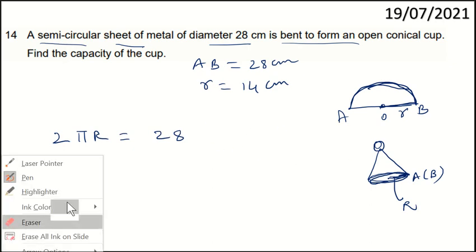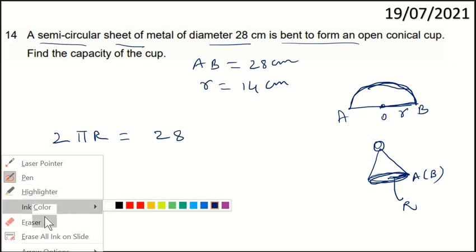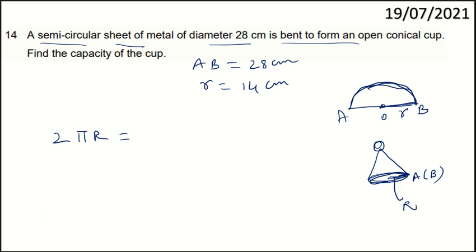It is this AB arc, that semicircular arc, it is equal to the entire circumference of the base of the cone.